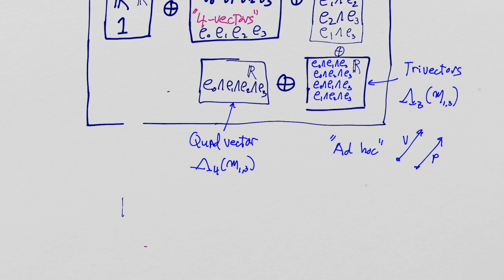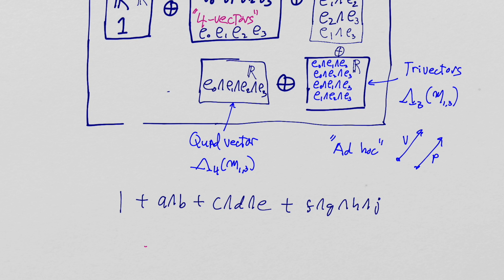So a multivector would be a real plus some bivector A wedge B plus some trivector C wedge D wedge E plus some quad vector F wedge G wedge H wedge J, right?